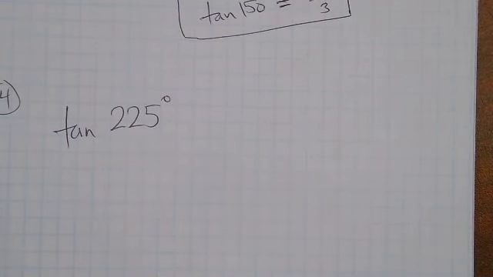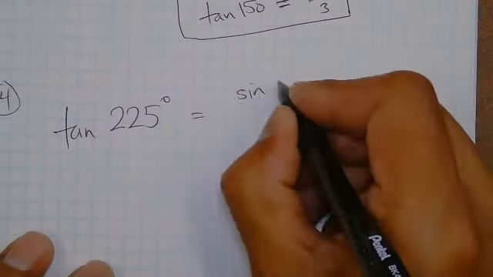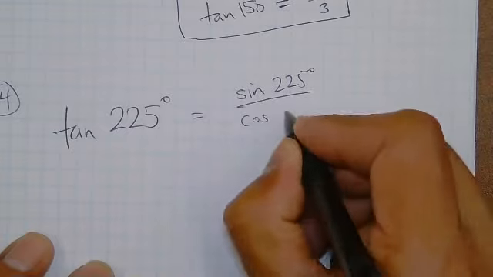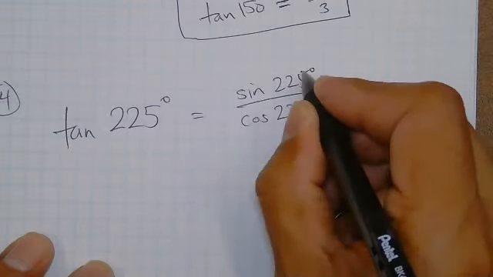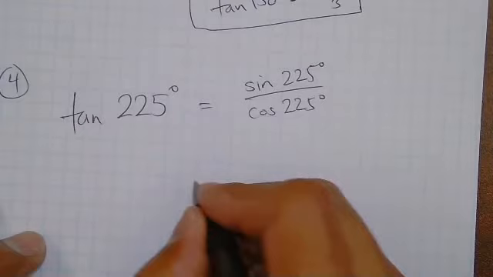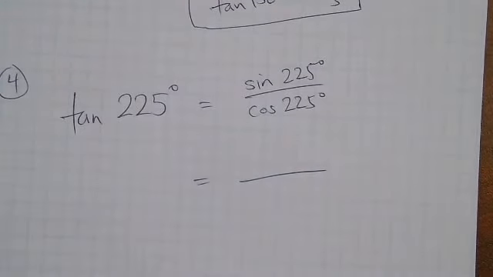Actually, this is going to be really easy. What is tangent of 225 degrees? Well, that would have to be sine divided by cosine, right?